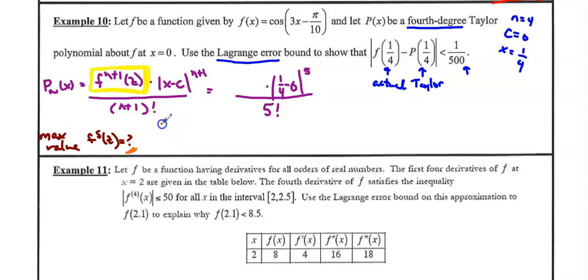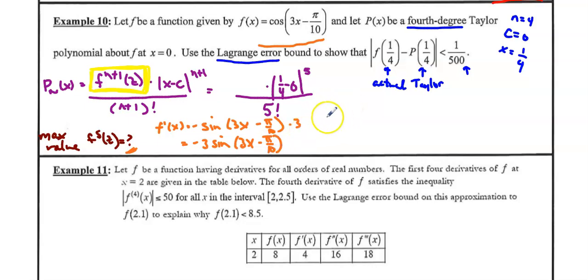The first thing we're going to do is find the first derivative. Looking at our function, the first derivative is going to be negative sine of 3x minus pi over 10, and then we multiply by 3, because we have to use the chain rule here. So our first derivative is negative 3 sine of 3x minus pi over 10.